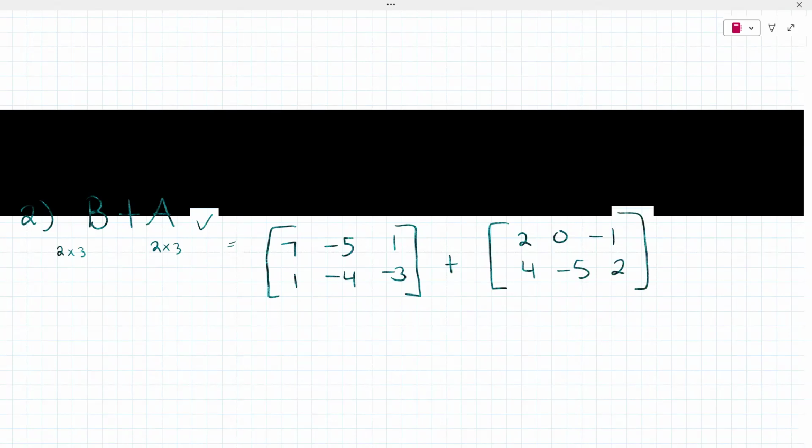So when you add these two matrices, it's going to be expressed as 9, negative 5, 0, 5, negative 9, negative 1. So that is matrix B plus A.